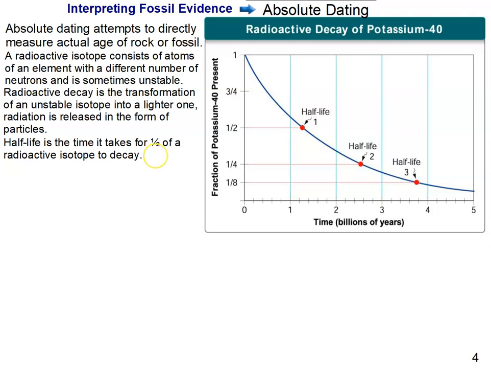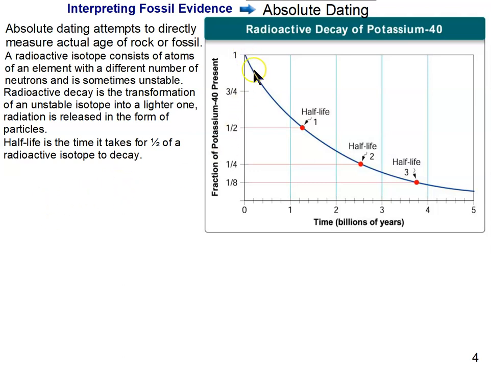So the lava solidifies, and when it solidifies into rock, it has its maximum amount of potassium-40, right? It has a certain amount of potassium-40, and it really doesn't have much argon at all. And over time, that potassium-40 will turn into argon. And we can tell how long ago the lava solidified into rock by how much potassium-40 and argon we find in that rock.